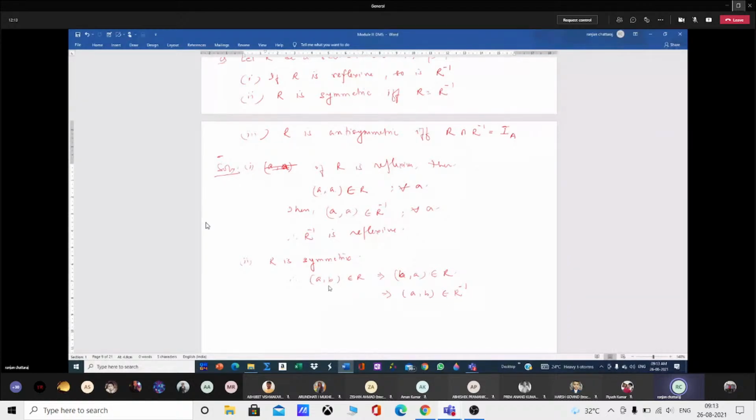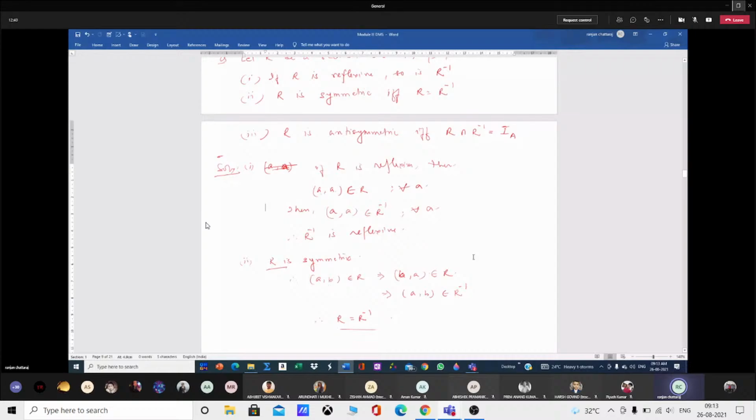So (a, b) belongs to R implies (a, b) belongs to R inverse. If (a, b) belongs to R and it is symmetric, then definitely (b, a) also belongs to R, and if (b, a) belongs to R, then (a, b) also belongs to R inverse. So R is equal to R inverse. If it is symmetric, then this condition holds.